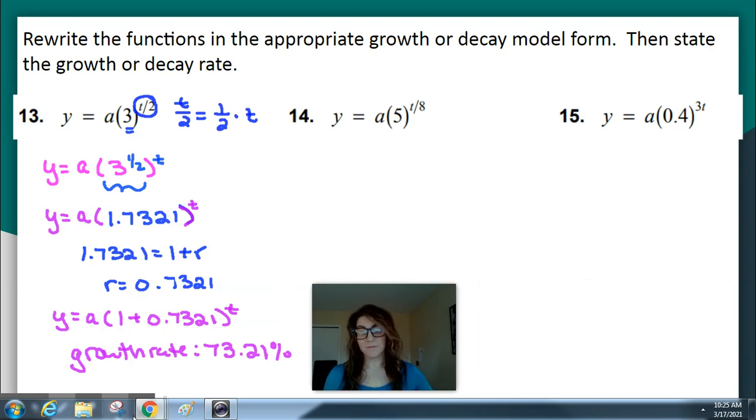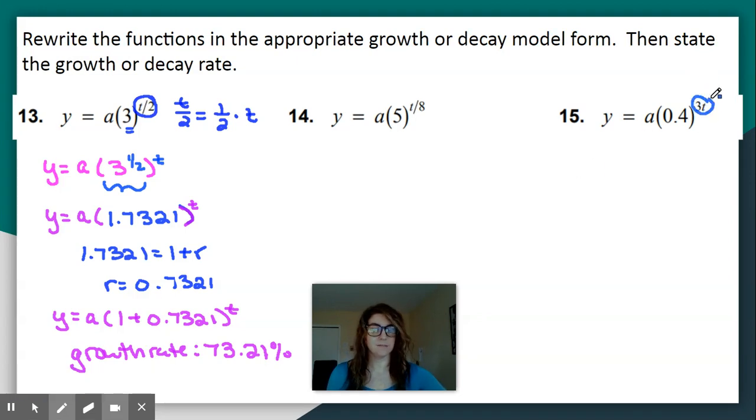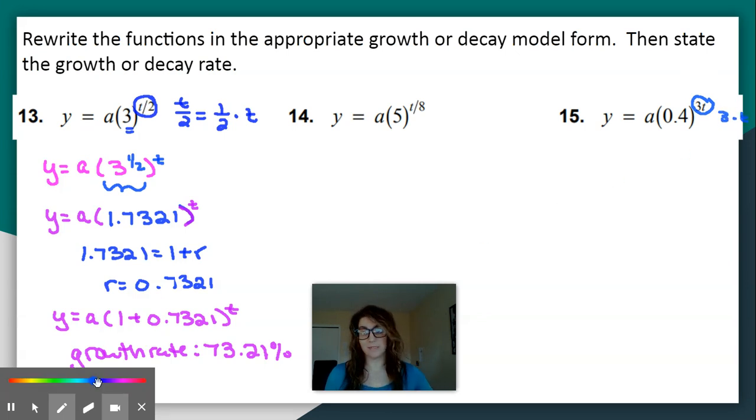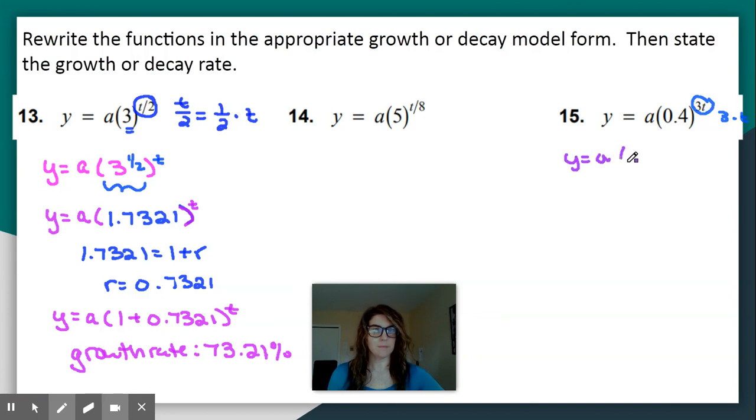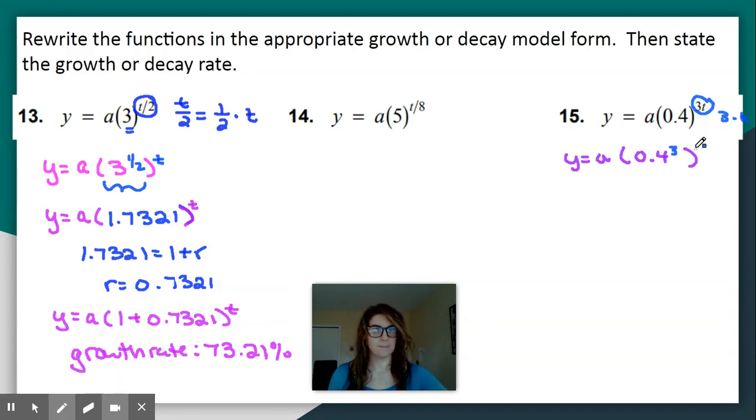So let's talk about 15, and then we'll be done. Again, first thing I'm going to do is take the 3t and split it. So it's 3 times t. Easy enough there. So I'm going to rewrite 0.4 to the third power, and the t will be on the outside.